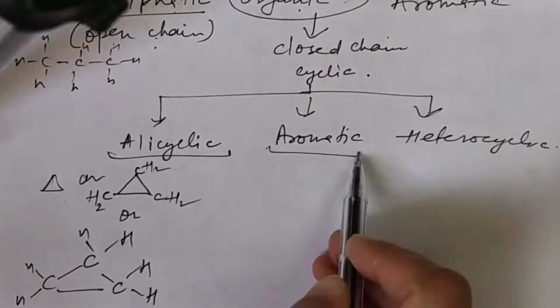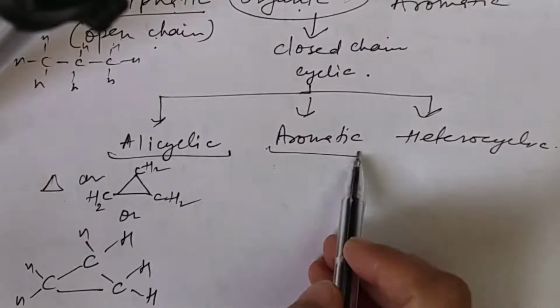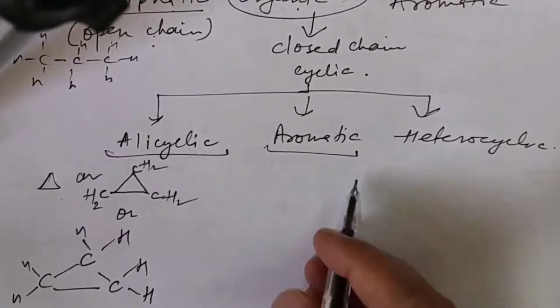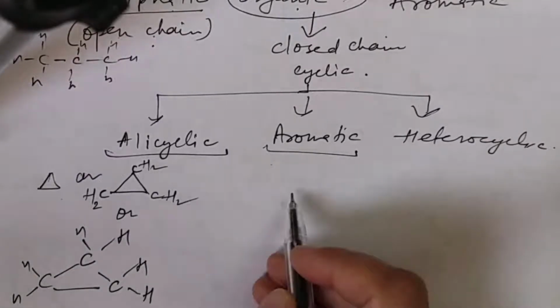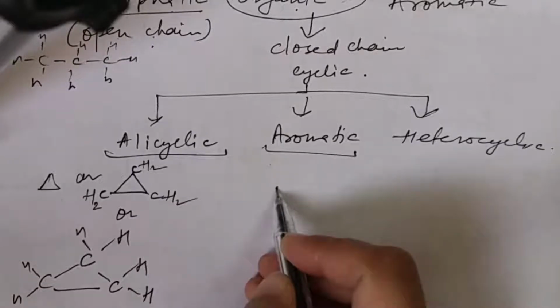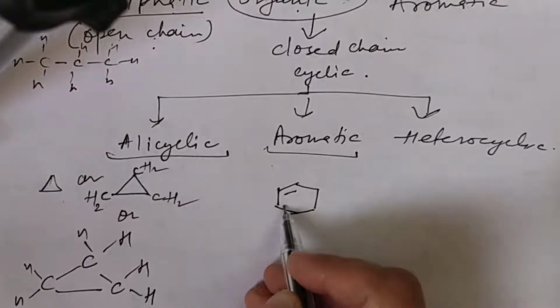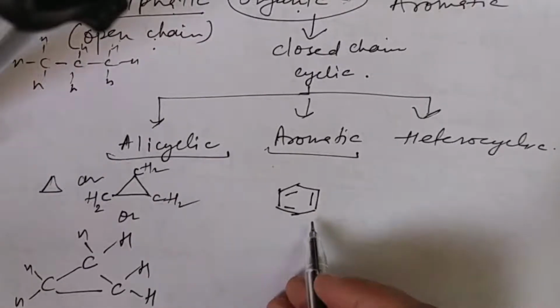Aromatic. What are aromatic compounds? Okay, aromatic compounds are those cyclic compounds which contain in them one or more hexagonal rings of carbon atoms, and there will be alternate double bonds in the structure.